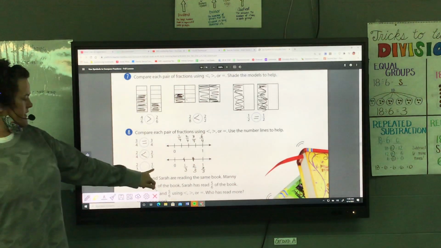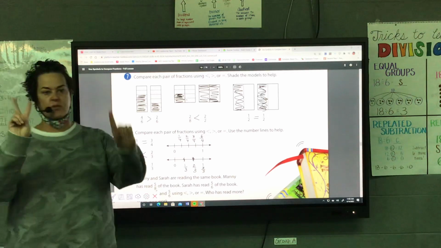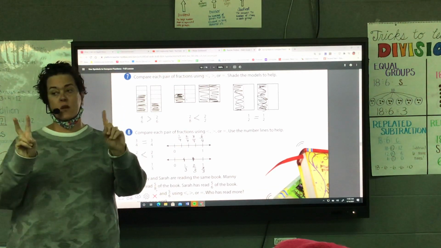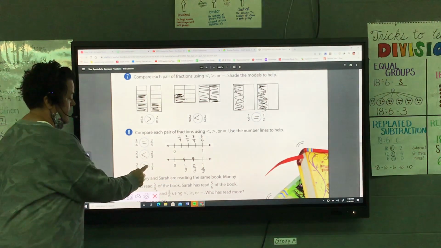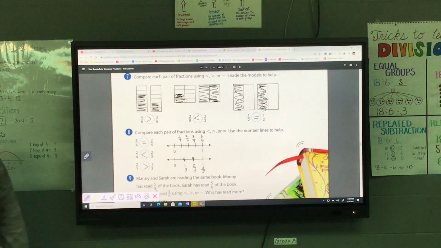Look at our denominators. Are they the same? Yes. So now think about 2 and 1. Is 2 greater than 1 or is 2 less than 1? Greater. So my arrow is going to open up to that bigger number. It's greater than 1.